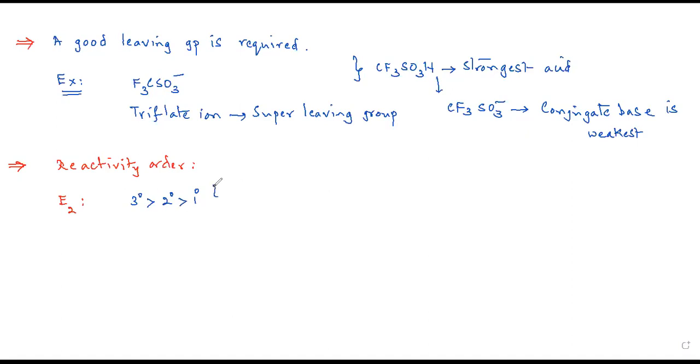In case of different types of alkyl halides, this is the order: 3 degree, 2 degree, and 1 degree. It is because in case of a 3 degree one, a more stable alkene is formed, whereas in case of 1 degree, a less stable alkene is formed.